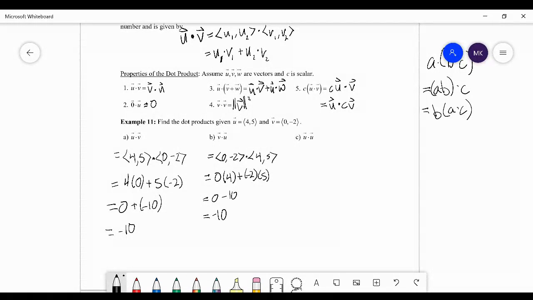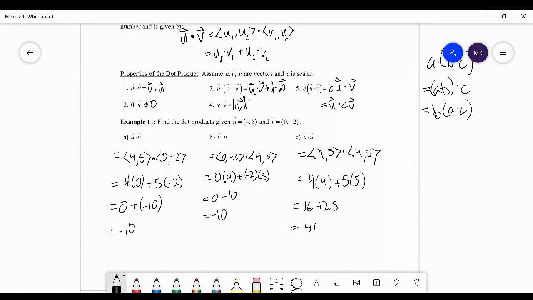Magnitude, or u dot u, okay? So that means we have 4, 5, dotted with 4, 5. So that's component-wise. So we have 4 times 4 plus 5 times 5, which is 16 plus 25, which is 41.